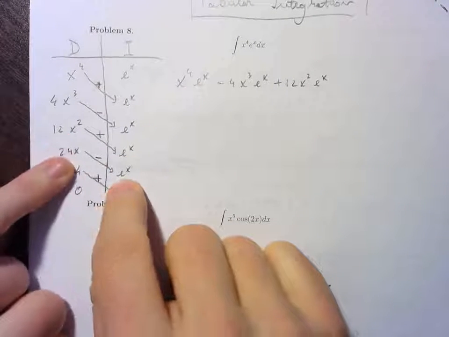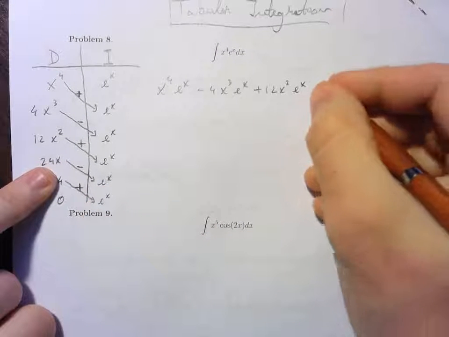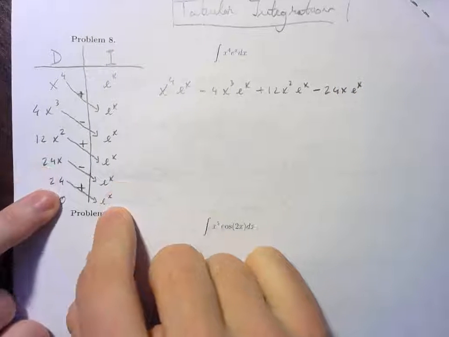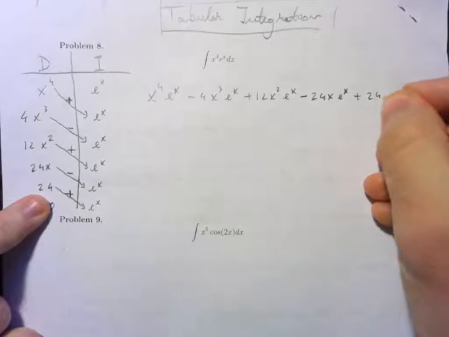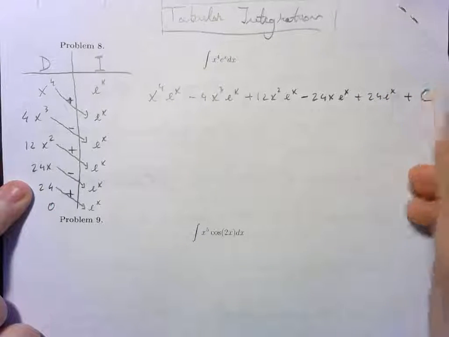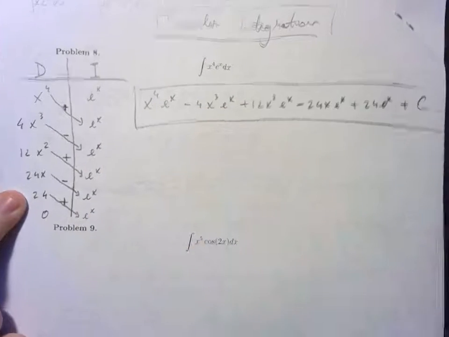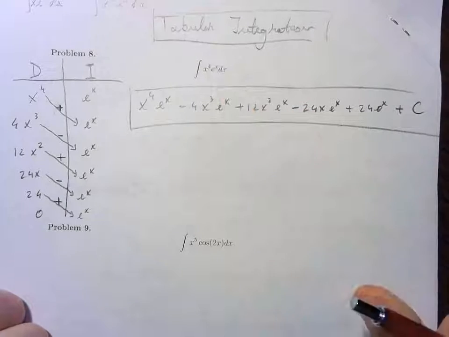I go one more down, minus 24x e to the x. And the last term is plus 24 e to the x. I add my plus c. This is the answer after you apply integration by parts 4 times for this problem.